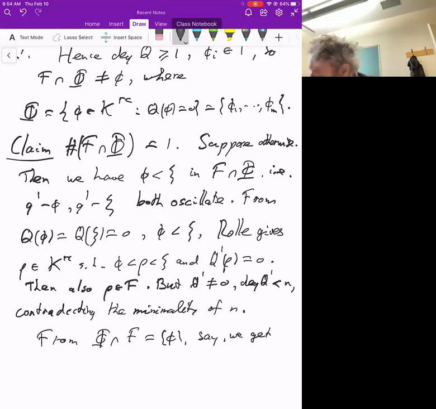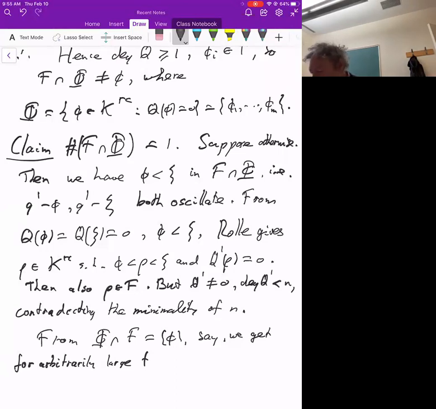Right. From F phi intersected with F is empty, say, we get for arbitrarily large t. I hope that the term arbitrarily large t is clear. It means that for any t0 there is some bigger t for which it happens, right?